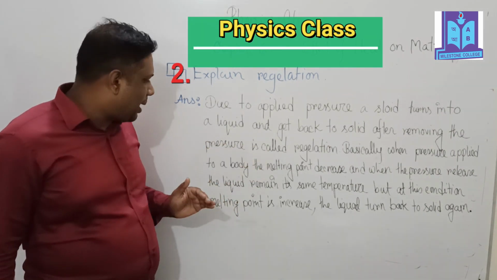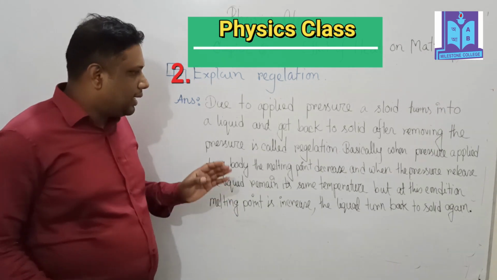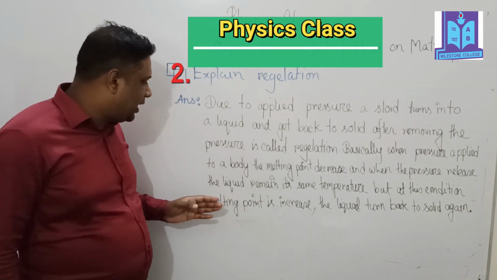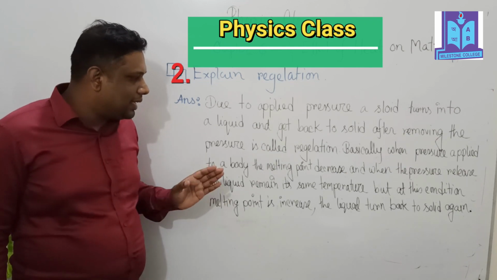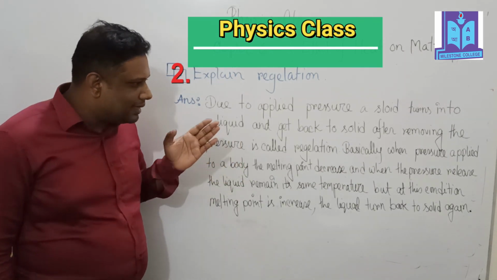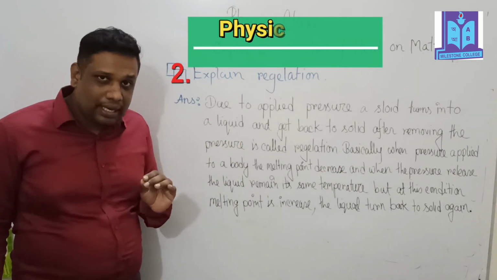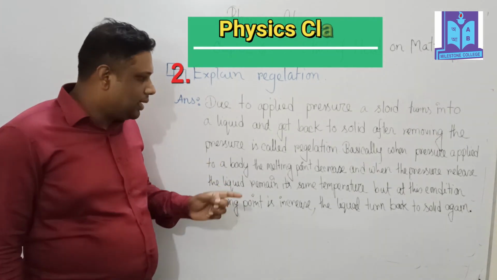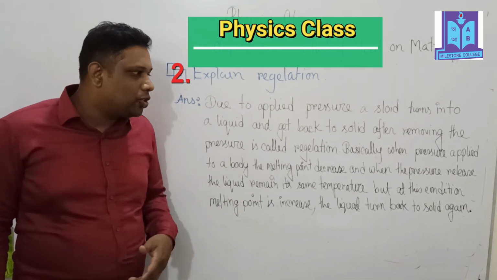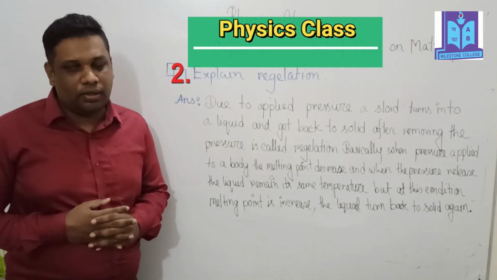Basically, when pressure is applied to a body, the melting point decreases, and when the pressure is released, the liquid remains at the same temperature. But at this condition, the melting point is increased, and finally the liquid turns back to solid, and this is regelation, my dear students.